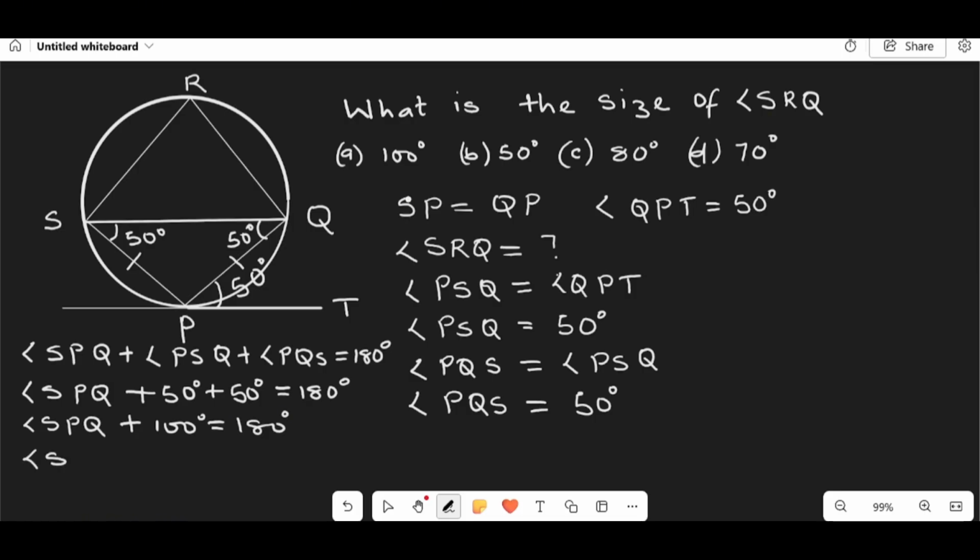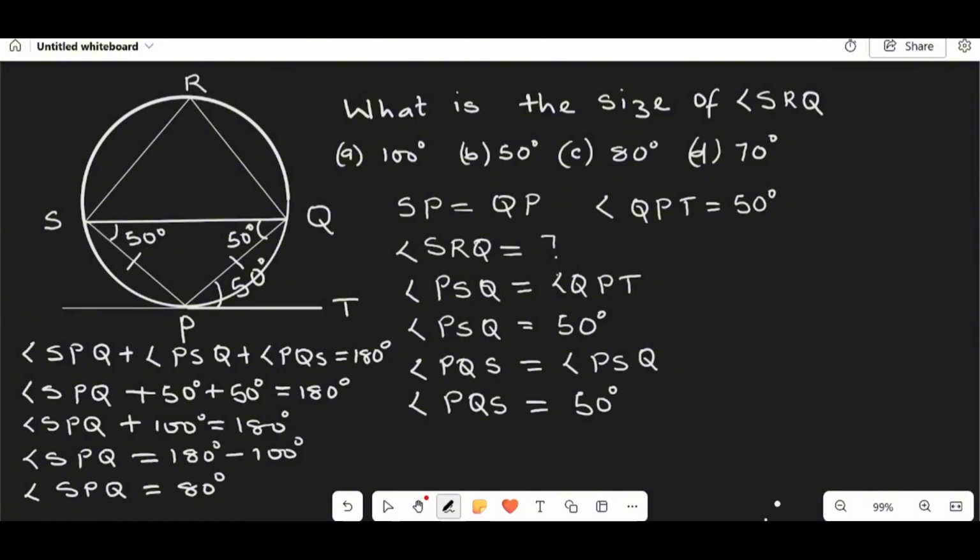Angle XPQ equals, if we transpose 100 degrees to the right hand side, 180 degrees minus 100 degrees. Angle XPQ equals 80 degrees.